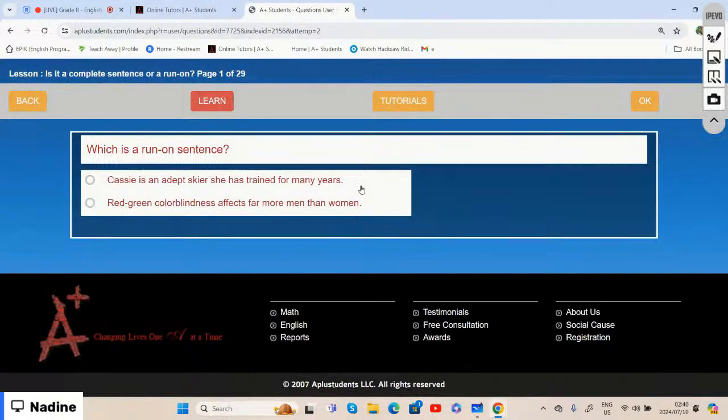If we look at the first one, it says we need to say which is a run-on sentence. It says, Cassie is an adept skier. She has trained for many years. Or is it option two, which is, red-green color blindness affects far more men than women?